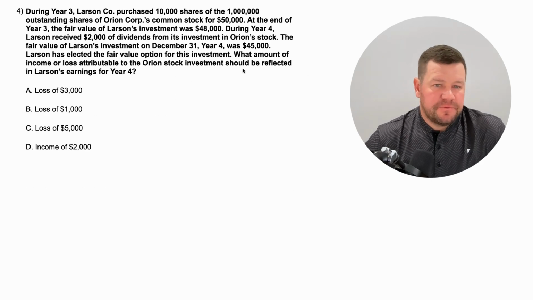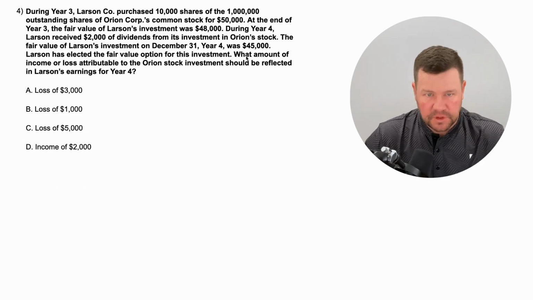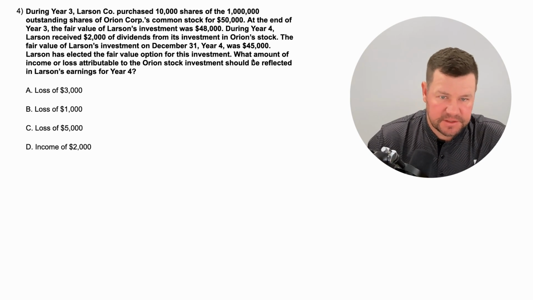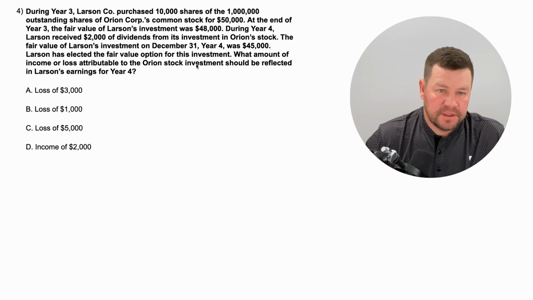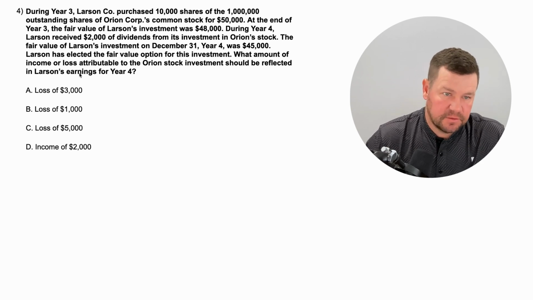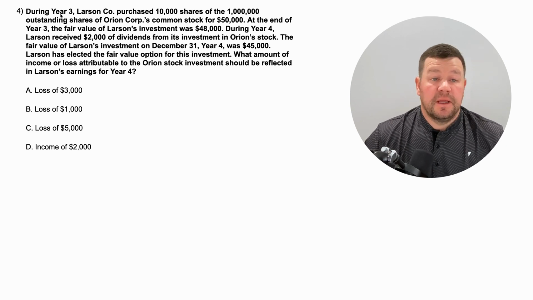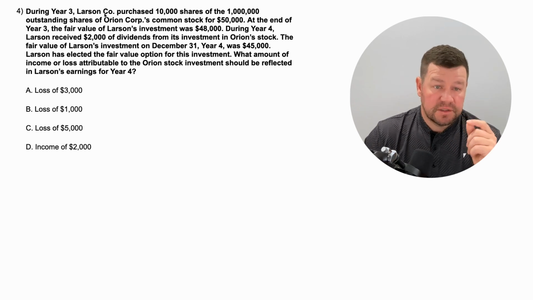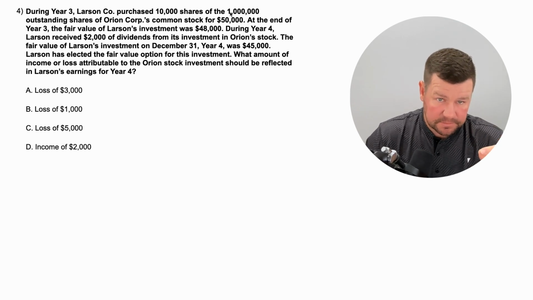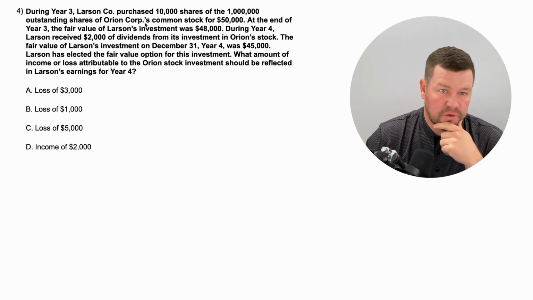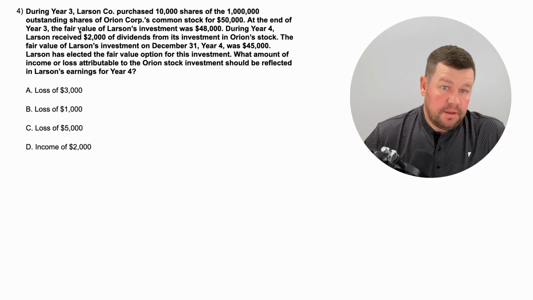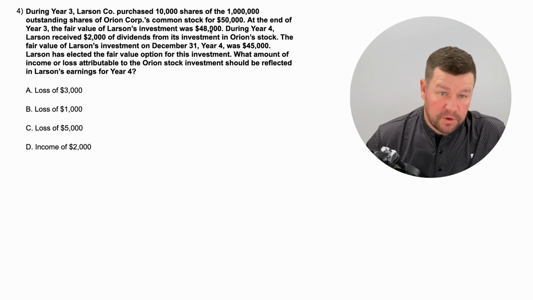Okay, so question 4, the actual question is going to be basically the same. What amount of income or loss attributable to the Orion stock investment should be reflected in Larson's year 4 earnings? During year 3, Larson purchased 10,000 shares of the 1 million outstanding shares of Orion Corp's common stock for $50,000. At the end of year 3, the fair value of this investment was $48,000.